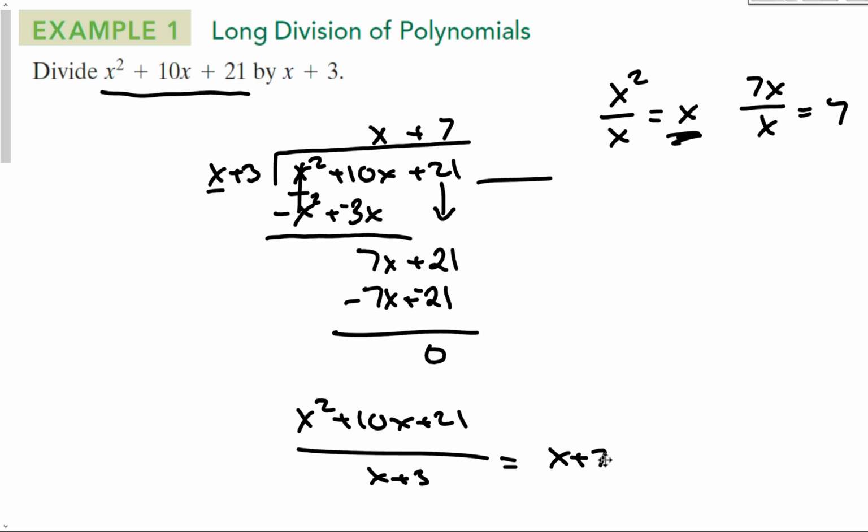We should have kind of known already, since the expression at the top factors into x plus 3 times x plus 7 over x plus 3, which would then cancel. But again, not everything we're going to look at using these methods is going to factor. It's just nice to start with an easy problem that does.